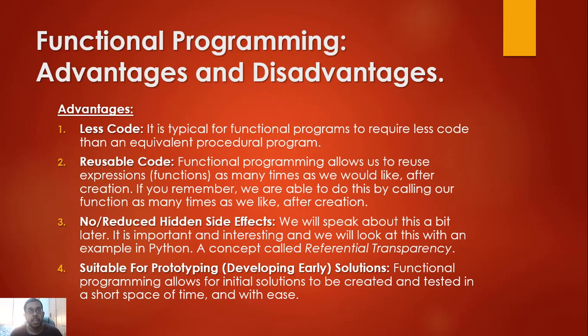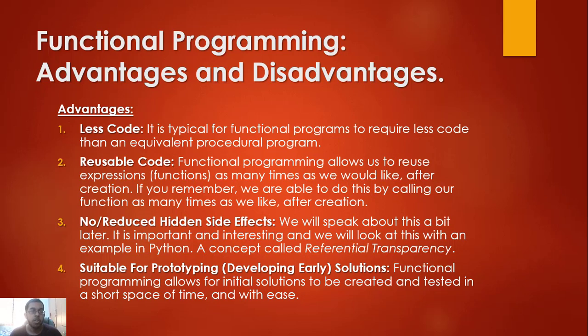Functional programming, advantages and disadvantages. Advantages. Number one, less code. It is typical for functional programs to require less code than an equivalent procedural program. Number two, reusable code. Functional programming allows us to reuse expressions, functions as many times as we would like after creation. If you remember, we are able to do this by calling our function as many times as we like after creation.